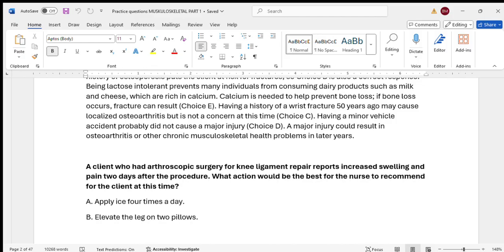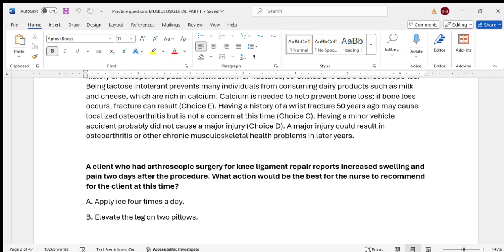So this was done through a procedure in the joint, right? They are inserting a camera, arthroscopic surgery. Okay, reports increased swelling and pain 2 days after the procedure. So they did this procedure through the joint, and after 2 days the patient is having swelling and pain.